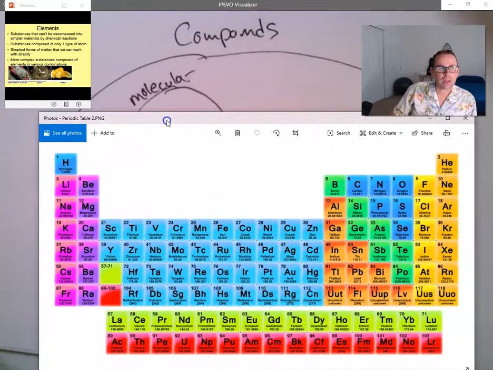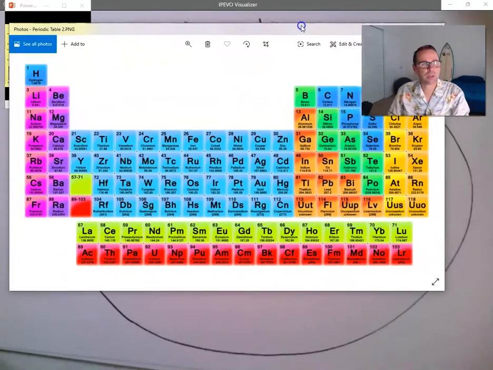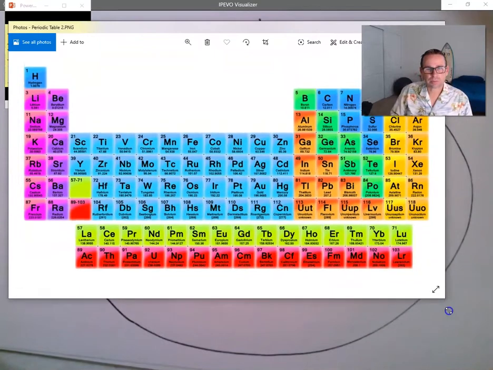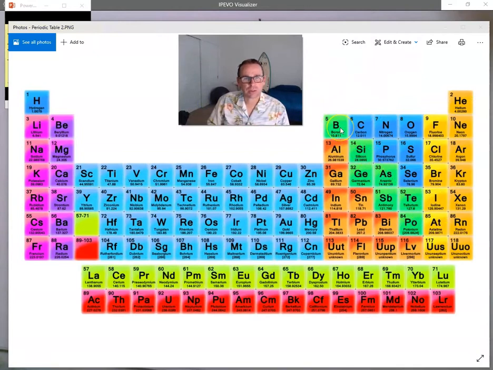Now, if we look back at our periodic table, we haven't talked about which elements are metals and which are non-metals. But the metals and the non-metals are almost completely separated by this green staircase. We can see things like nickel, cobalt, iron, zinc, silver, gold.